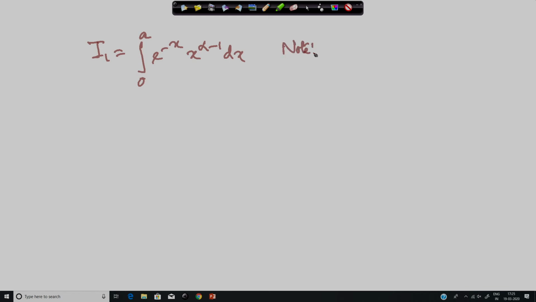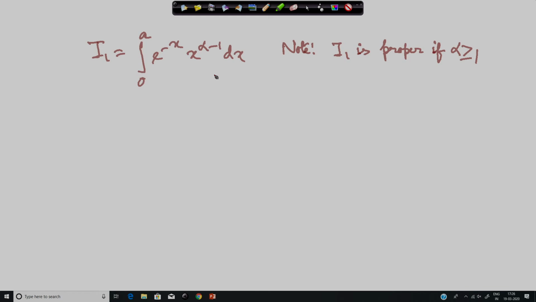So, you observe that I1 is proper if alpha greater or equal to 1. If alpha equal to 1, it becomes x to the power 0, so 1.